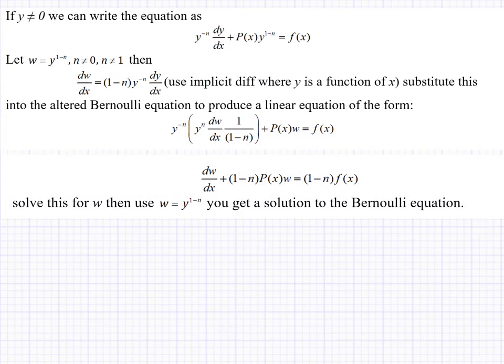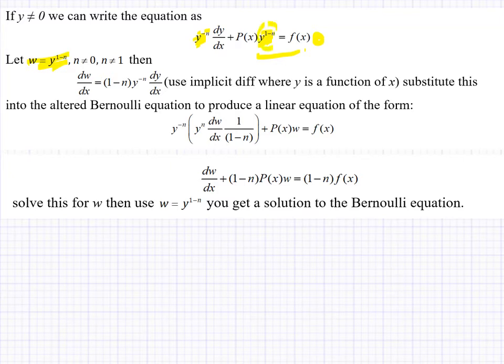Okay, so here, if we assume y doesn't equal 0, we could rewrite the equation by dividing everything through by y to the n, or we could say we multiplied by y to the negative n, giving us now these two terms. With that, we would then say, let's let w equal y to the 1 minus n.